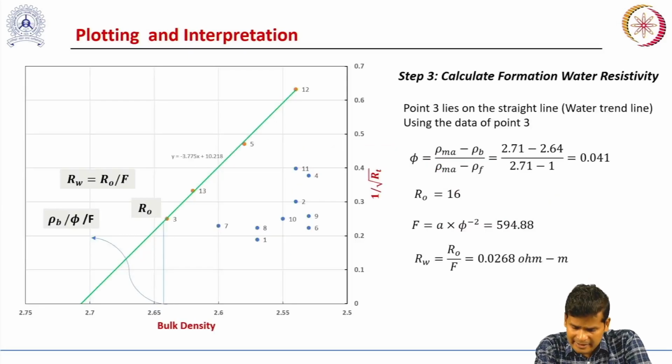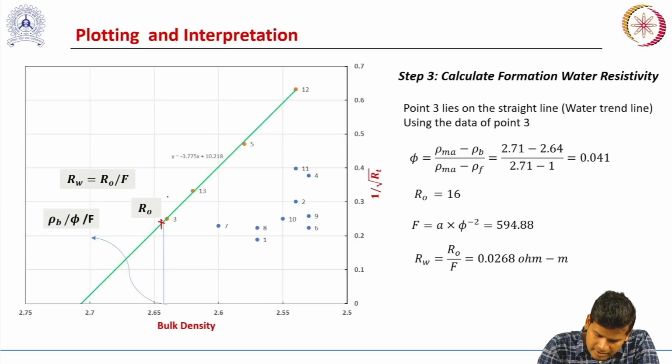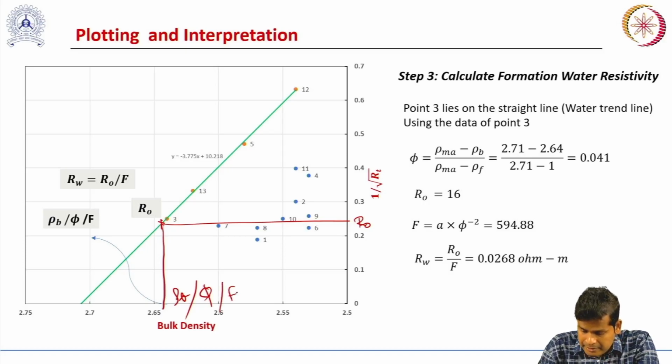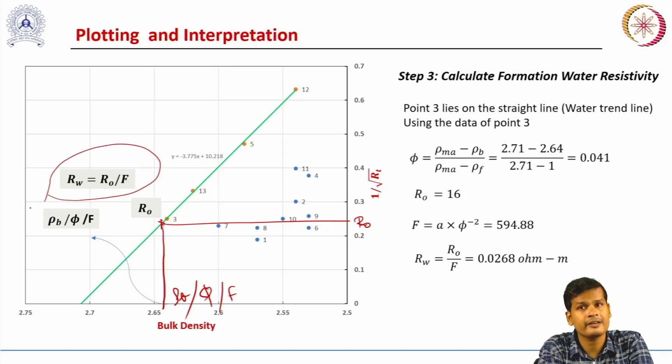Like this, the coordinate on the y axis should be equal to Ro, and here it should be rho b. If I have plotted in terms of bulk density, it can be converted to porosity and then to F. Then I can use this equation Rw is equal to Ro by F.